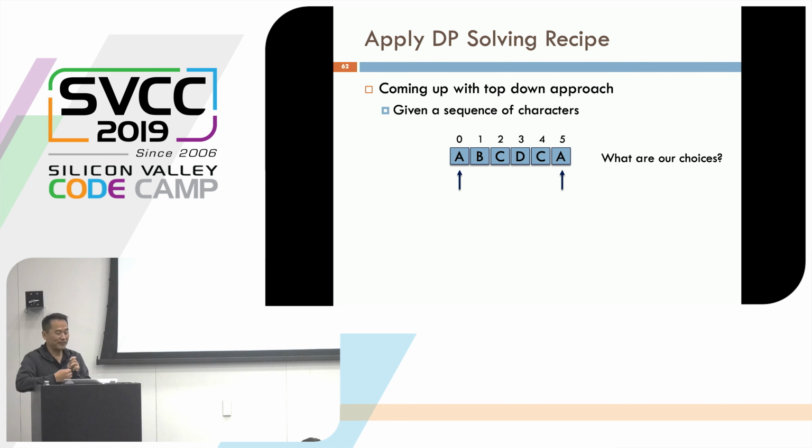Now at this point, what are our choices? You've got 2 pointers to different characters. What are the possibilities of those 2 characters? Either they match or don't match. Those are the options that we have. So now we've got to decide. If they match, what do we do?